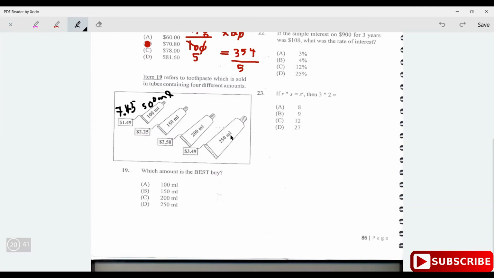If I multiply this 250 by 2 to convert it to 500 milliliter, 3.49 times 2 is 6.98. Now look what happened. What that is telling me is if I buy 2 of this big toothpaste, which is 500 milliliter, it's better than buying 5 of these small toothpaste.